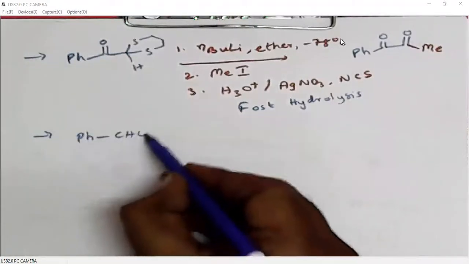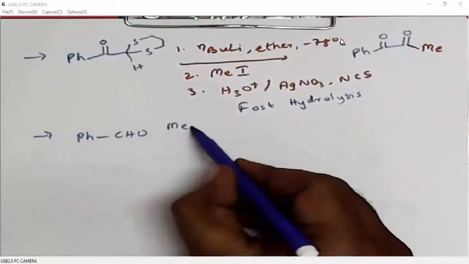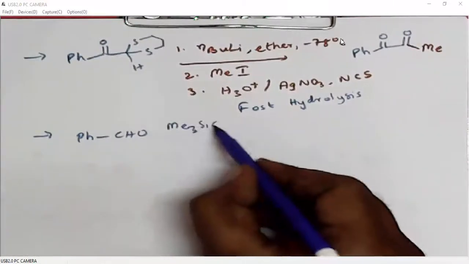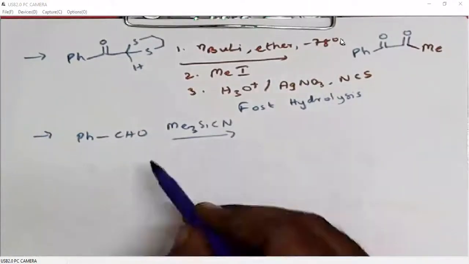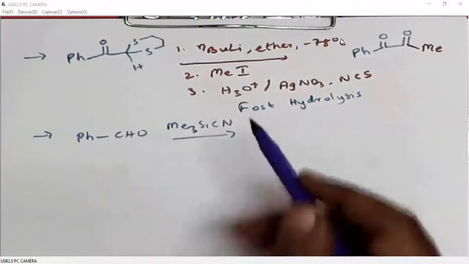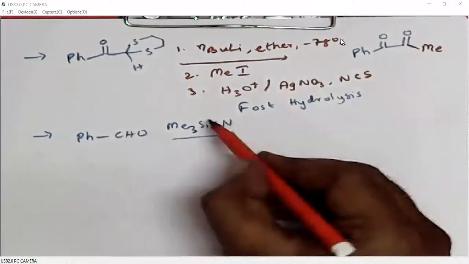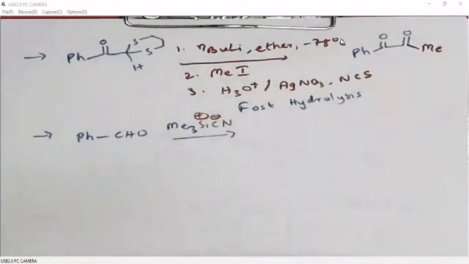Another such example for Umpolung reactivity of aldehydes is this. When we treat an aldehyde with silyl nitrile, here the nitrile is negatively charged, the silane group is positively charged.